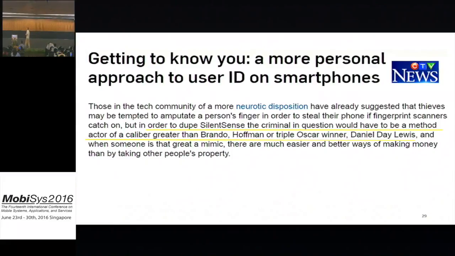The interesting statement that I want to quote is: in order to dupe Silence Sense, the criminal in question would have to be a method actor of a caliber greater than Brando, Hoffman, or triple Oscar winner Daniel Day-Lewis. And when someone is that great a mimic, there are much easier and better ways of making money. Well, you don't need to be a great actor in order to impersonate other people. Random university students are totally sufficient.